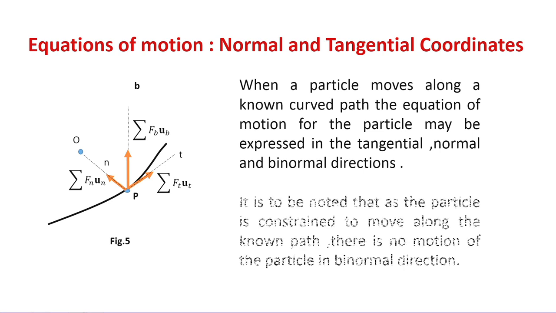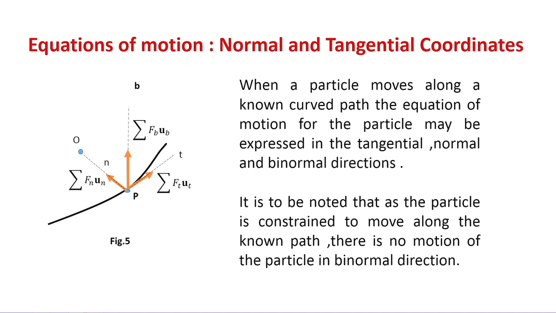But it is to be noted that as the particle is constrained to move along the known curved path, there is no motion of the particle in the binormal direction.